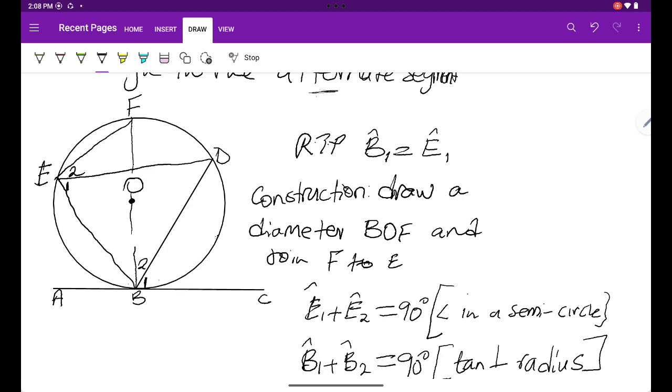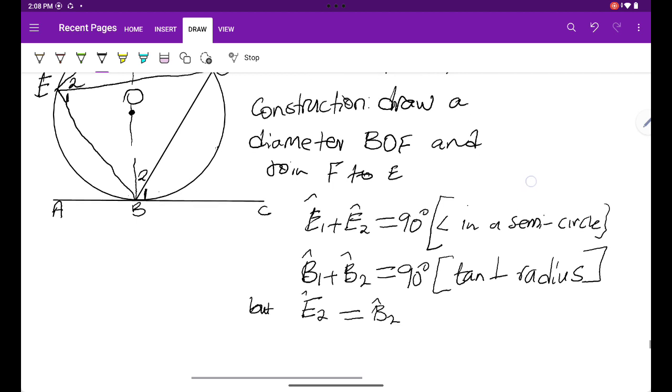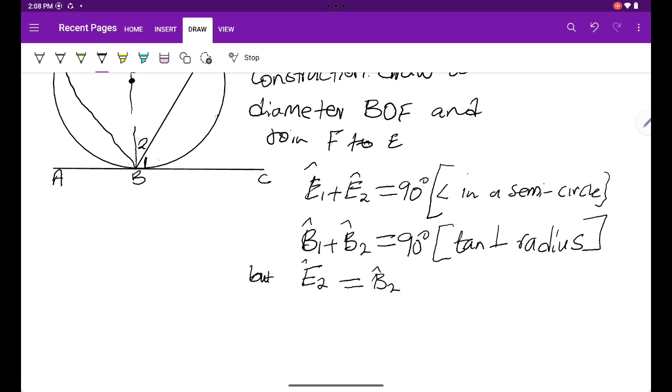If you look at B2 and E2, they are actually subtended by chord FD. So they are angles in the same segment.